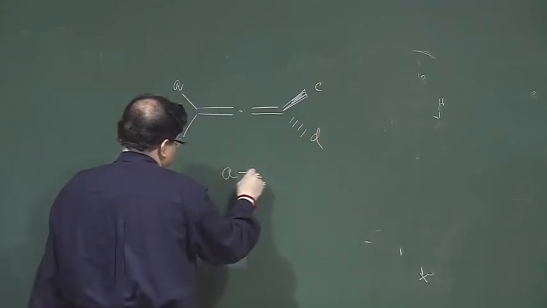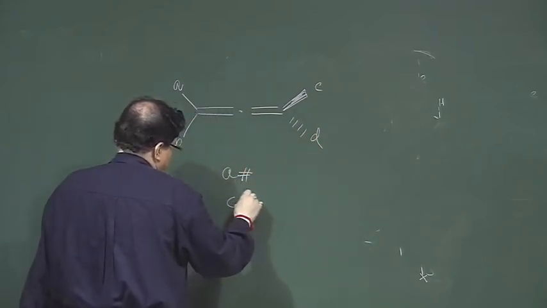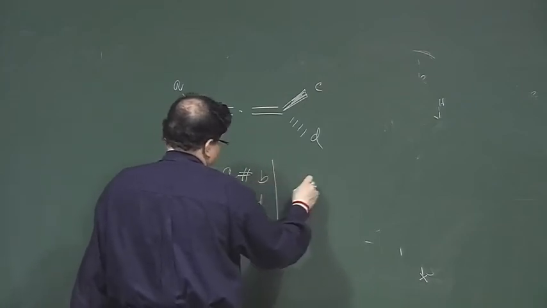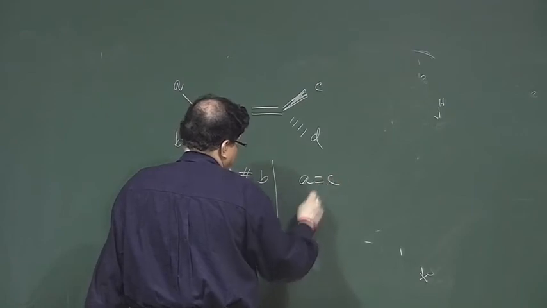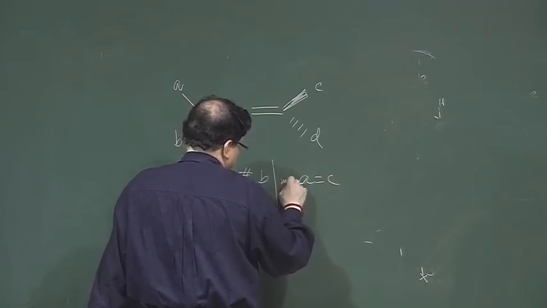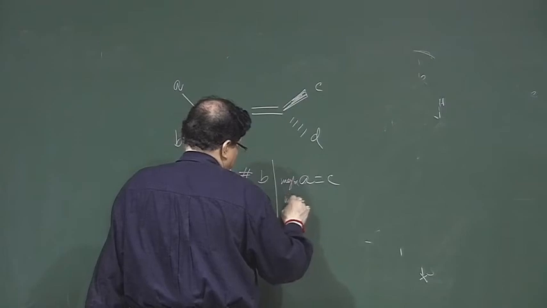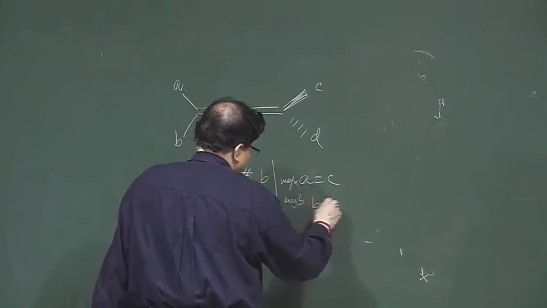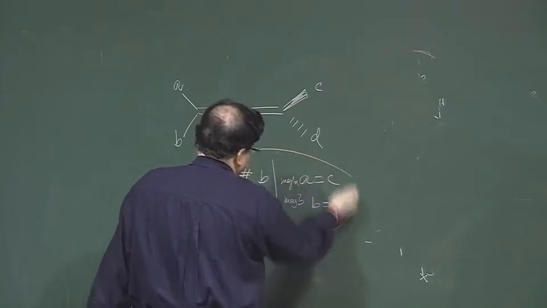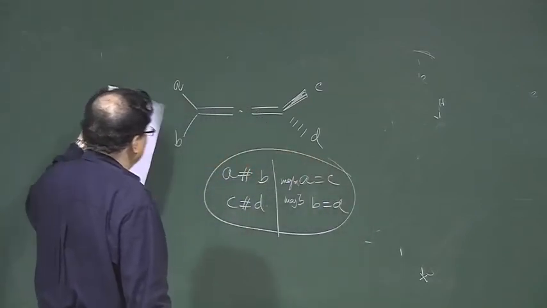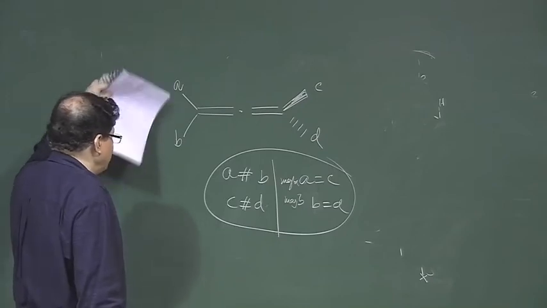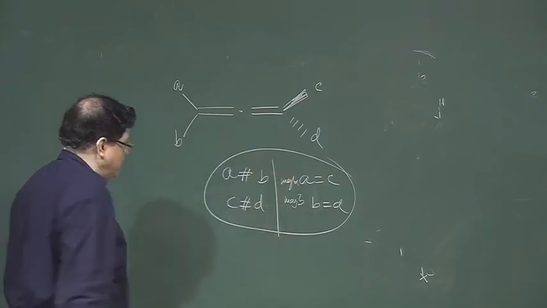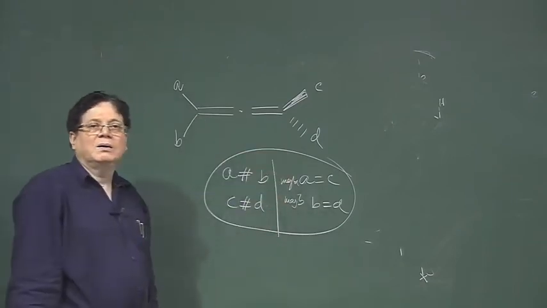If A is not equal to B and C is not equal to D, it does not matter whether A equals C or B equals D. The major condition is that A is not equal to B and C is not equal to D. Then it becomes chiral.